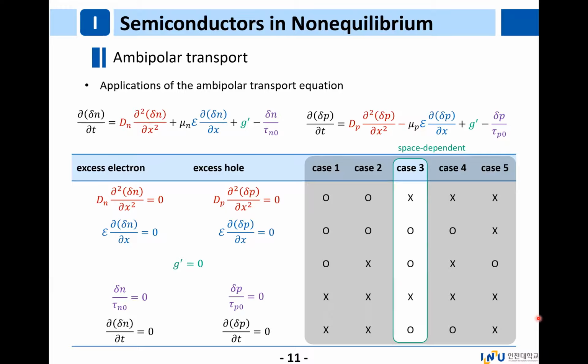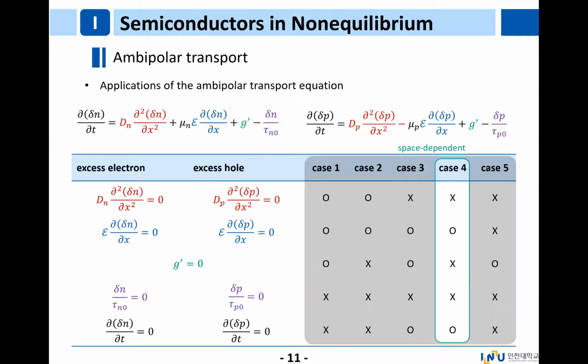Additionally, we explored a case where uniform light was applied to the entire semiconductor, but there was a carrier sink at a specific point, causing excess carriers to be removed continuously. In this scenario, a generation term, which was not present initially, was introduced.